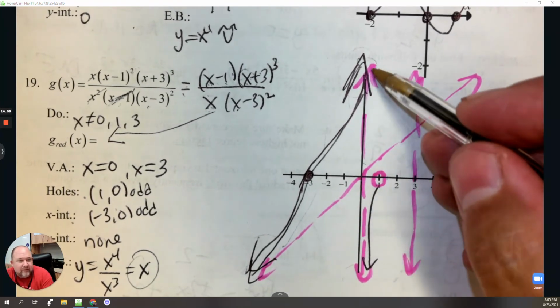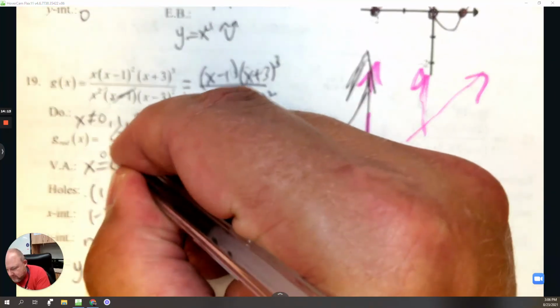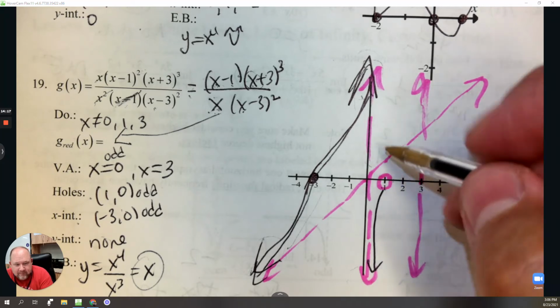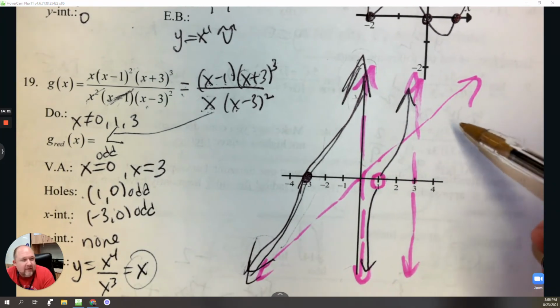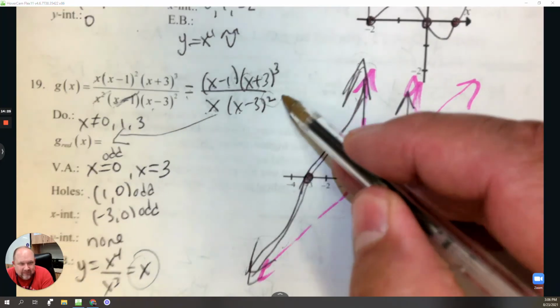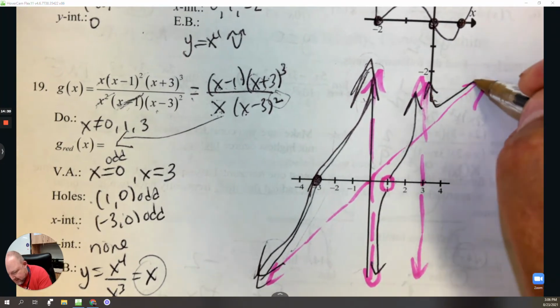And know that this asymptote has an odd exponent. That means on one end it goes up and on the other end it goes down. Same thing here. At this hole it crosses over the hole. It's okay, it crosses here. And again, this asymptote is even. So on both sides it goes to infinity, and then the end behavior.